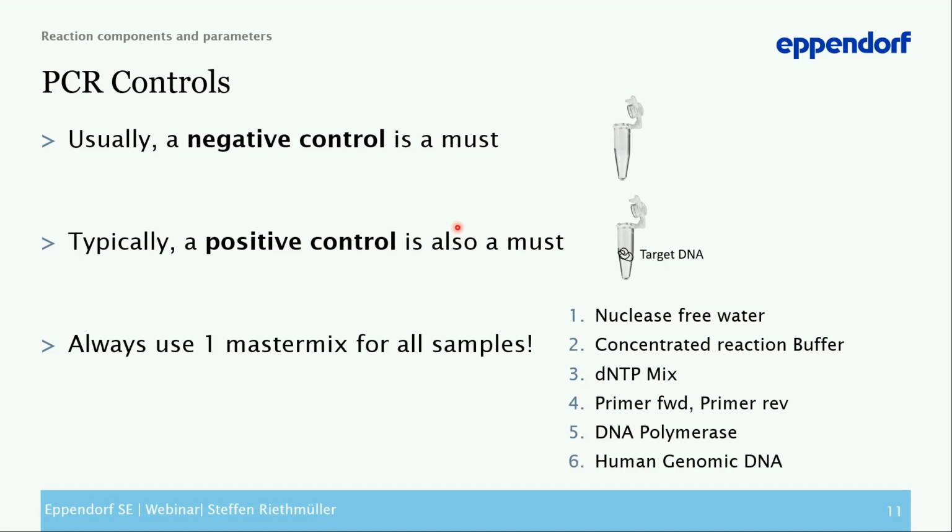I would recommend keeping the order mentioned in your protocol, because there are some things you shouldn't do, for instance, adding the water first and then directly the polymerase without buffer, because this would harm the enzyme. But I think it is quite clear that the order makes sense here.